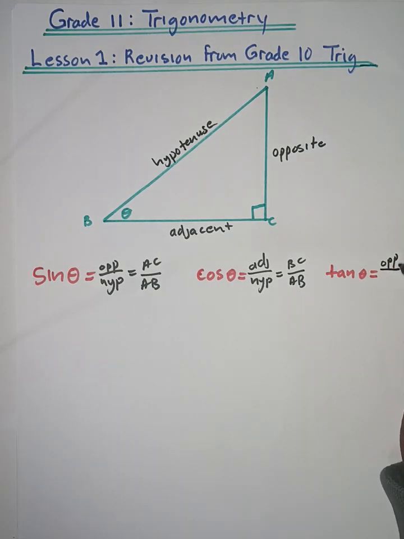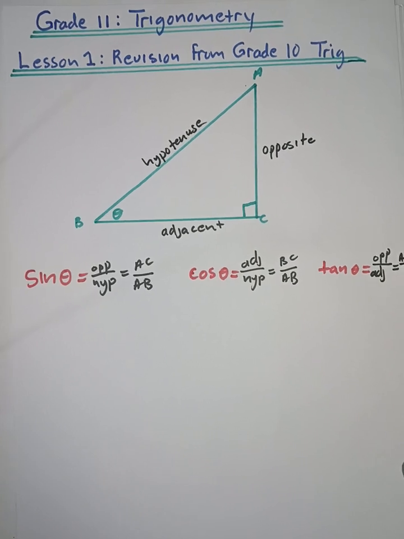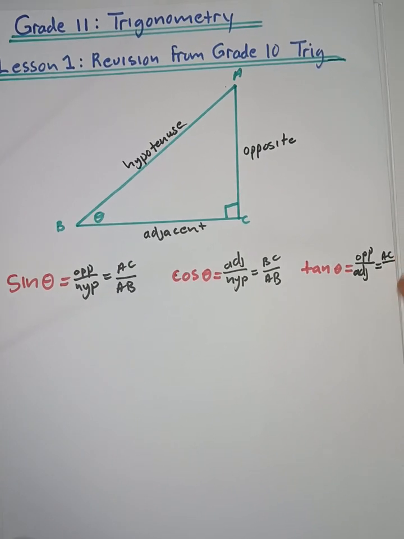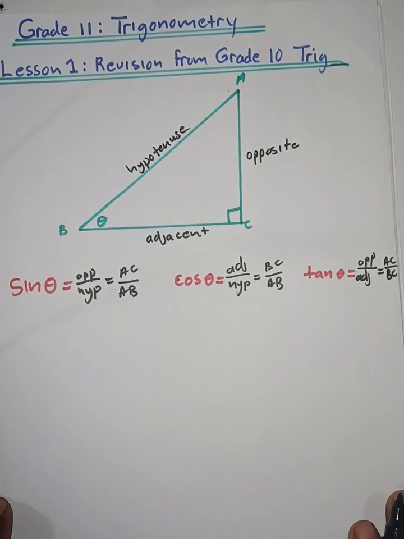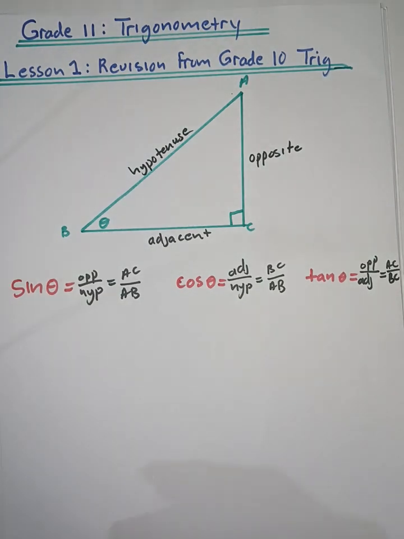So it will be opposite over the adjacent, which would be AC over BC. That would be what we learned in grade 11.